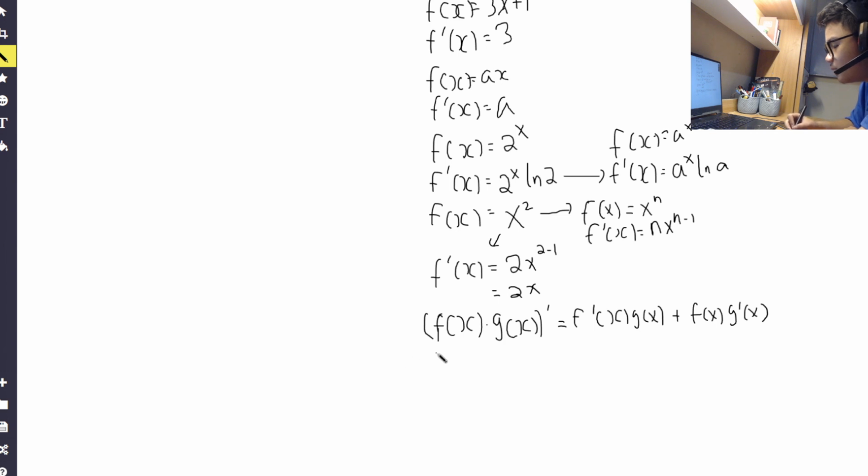Now the chain rule. The derivative of f of g of x is going to be g prime of x times f prime of g of x.